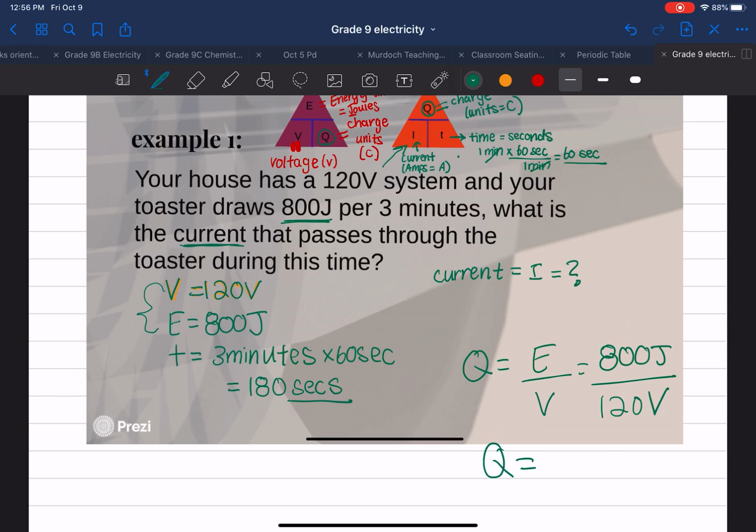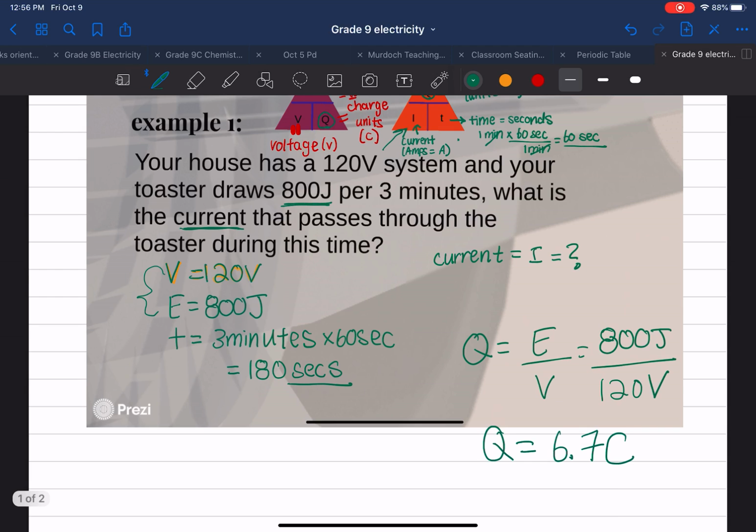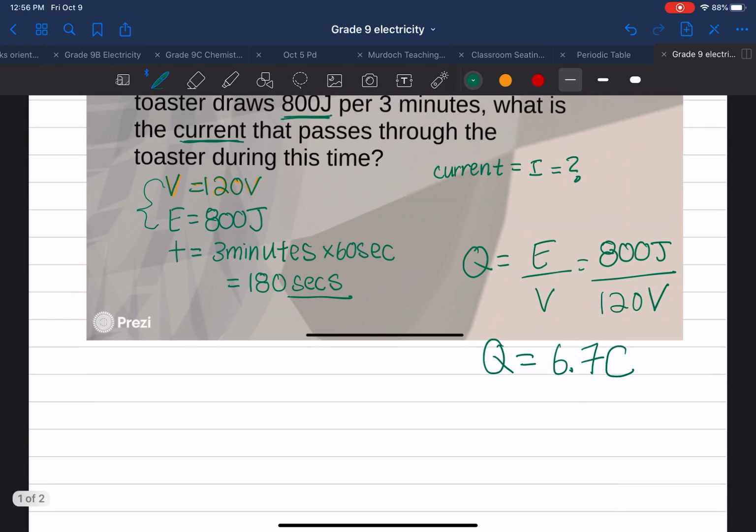Q will equal, if you plug that into a calculator, 6.66, so it's rounded to 7 coulombs. Remember the units for Q is C. Now that we have coulombs for this example, we can put it into the other equation to solve for current, so solve for I.